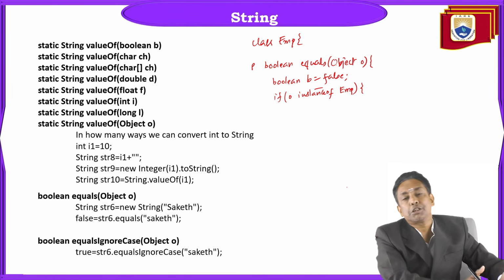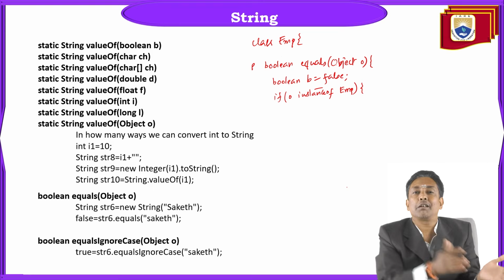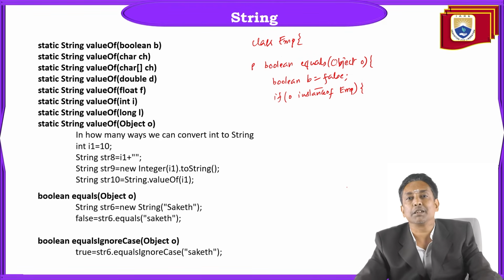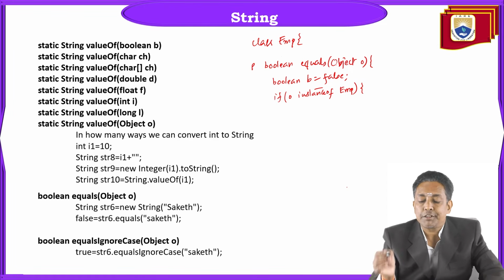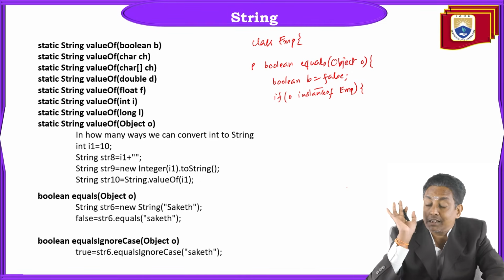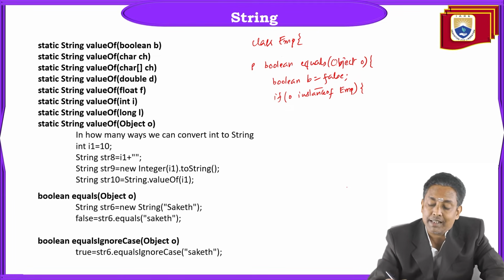One employee object should be compared with another employee object, but an employee object should not be compared with a department object or student object or customer object, right? So first of all, we are confirming whether the coming object in equals method is an instance of employee or not. If it is an employee object, then you convert the object into employee.